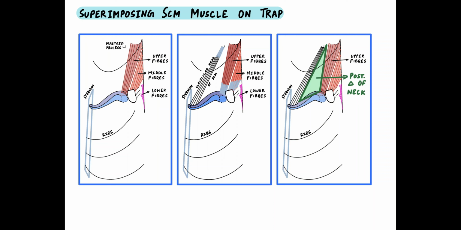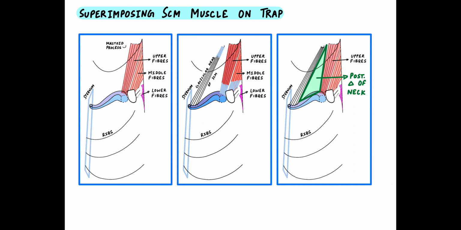Between these two muscles, the sternocleidomastoid and the trapezius, we have the posterior triangle of neck. Posterior margin of SCM forms the anterior border of the posterior triangle, and anterior margin of trapezius forms the posterior border of the posterior triangle of neck.